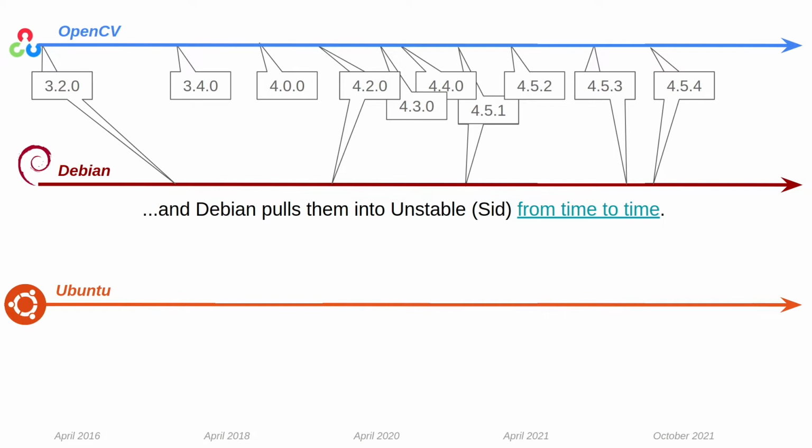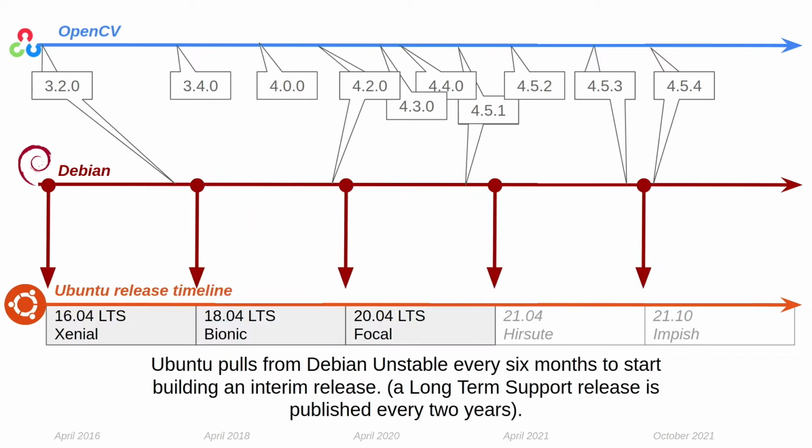This gets pulled in from time to time by the Debian project, and gets pulled into Unstable, and then Unstable gets promoted into testing and then becomes a Debian release. Ubuntu follows a very standard cadence. As I mentioned, every 6 months they start a new release cycle, and the release cycle begins by pulling that whole bundle of software that exists in Debian Unstable.